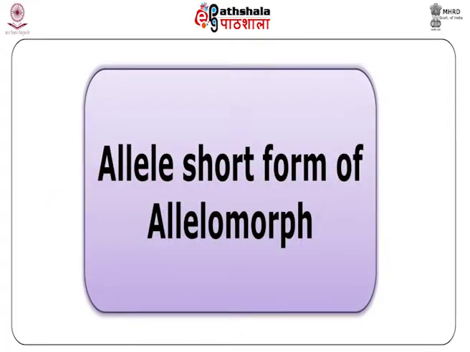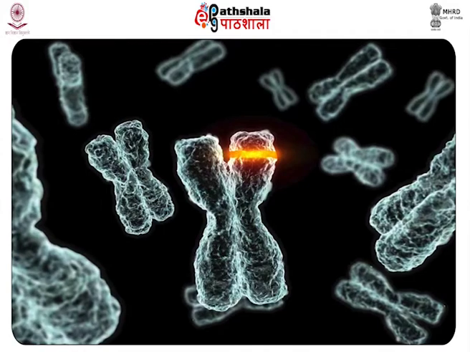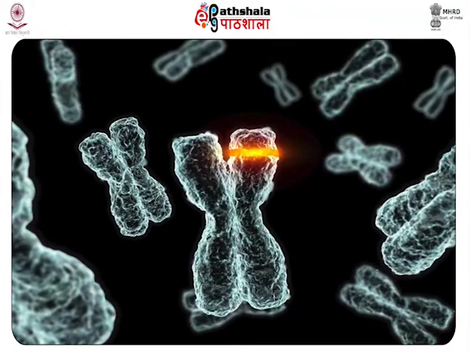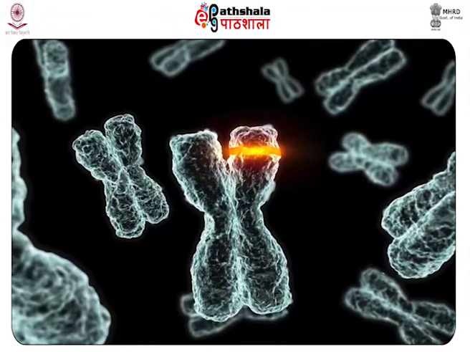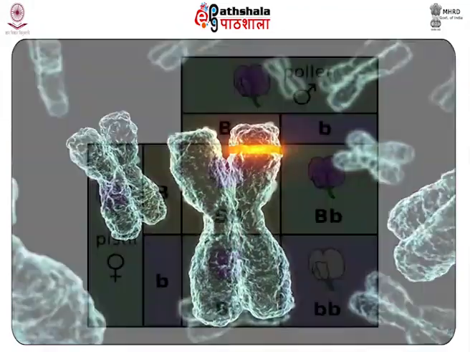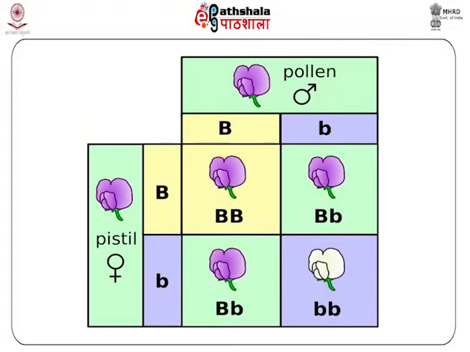The word allele is a short form of allelomorph, or other form, which was used in the early days of genetics to describe variant forms of a gene detected as different phenotypes. Let us consider the gene responsible for color in flowers.